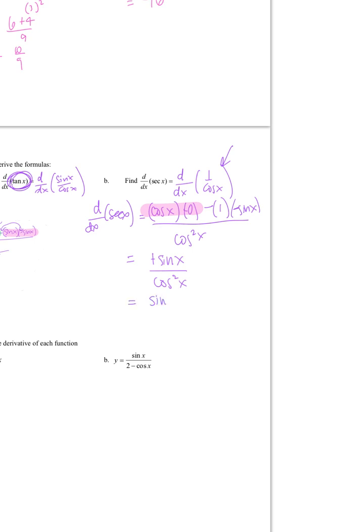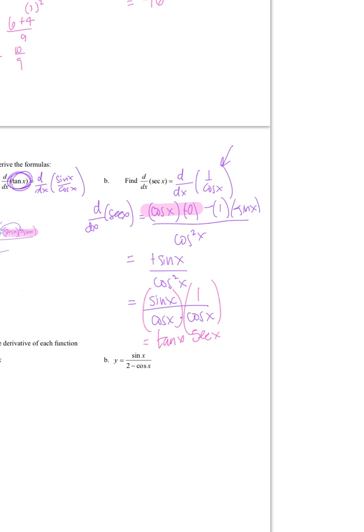This is the same thing as sine x over cosine x times 1 over cosine x. Now, kind of depending on how well you know trig, sine x over cosine x is tangent x, and 1 over cosine x is secant x. That's why that derivative is what it is.